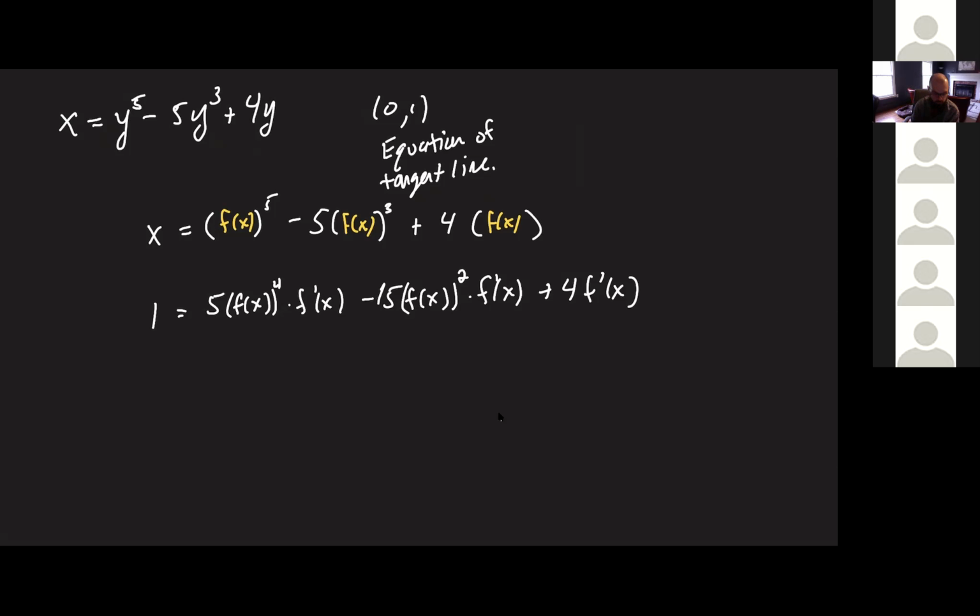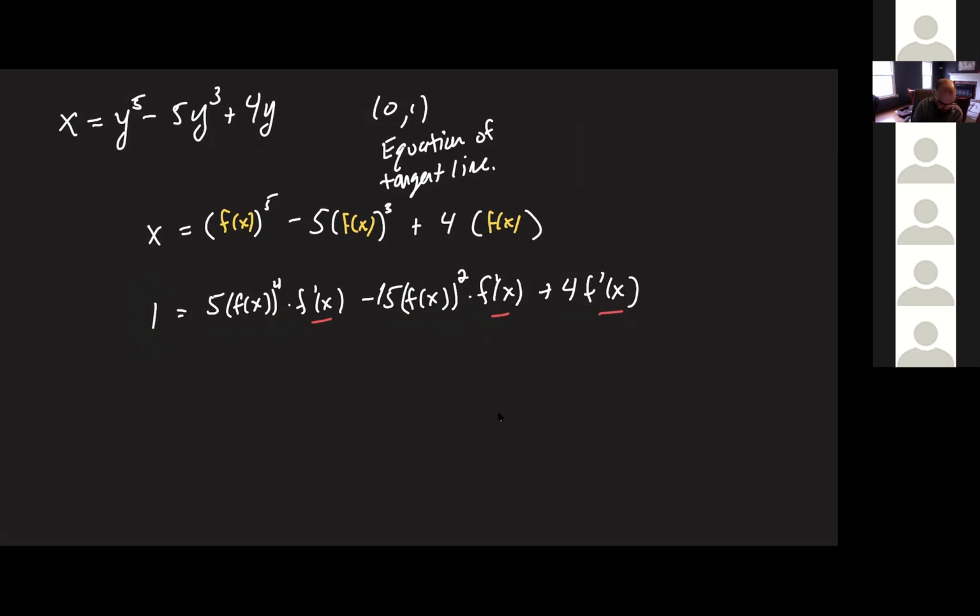Excellent. So now, the next step, just like we saw before, we've got all of our f primes here, and we want to check: all of our expressions that have f primes in them, are they on the same side? Do we need to rearrange anything? In this case, we don't. Everything over here has no f primes, and each term broken up by the pluses and minuses has an f prime in it.